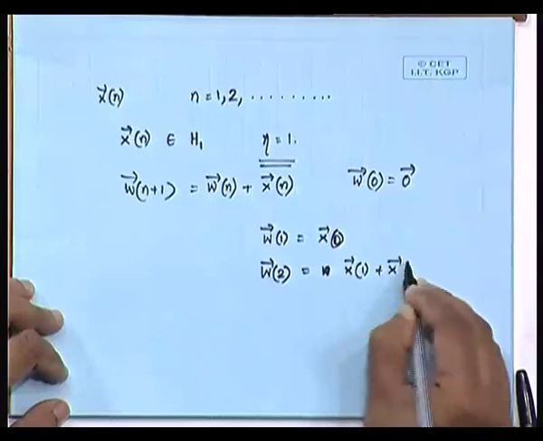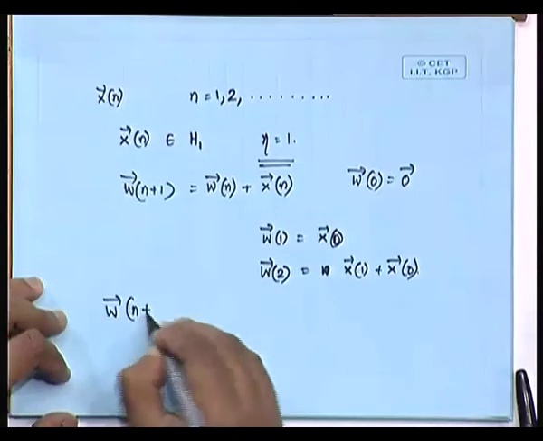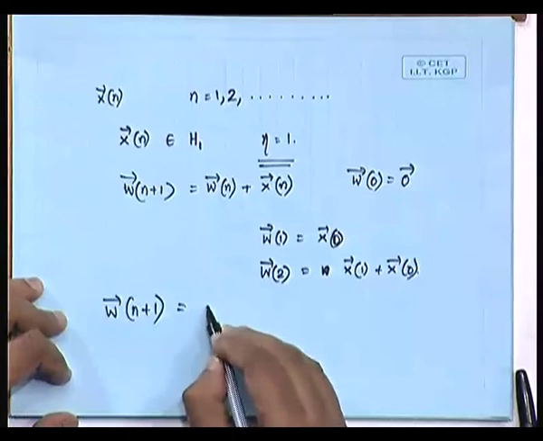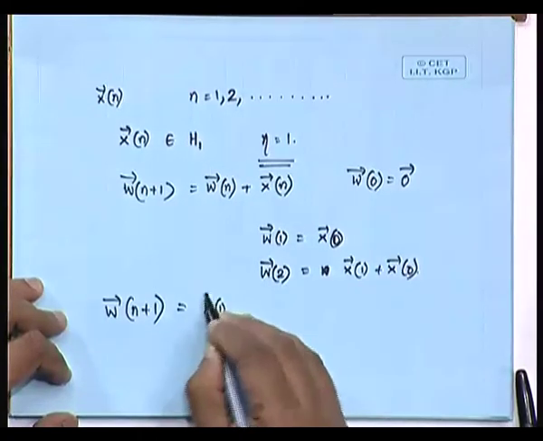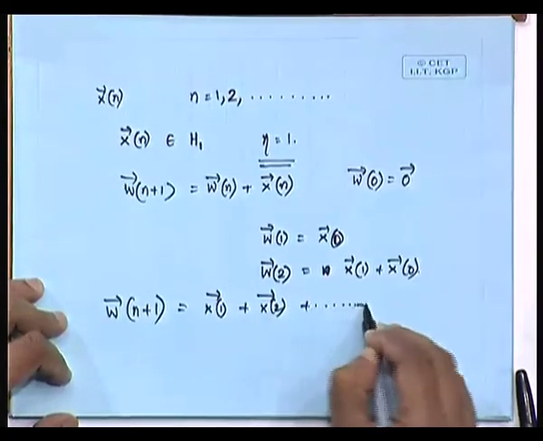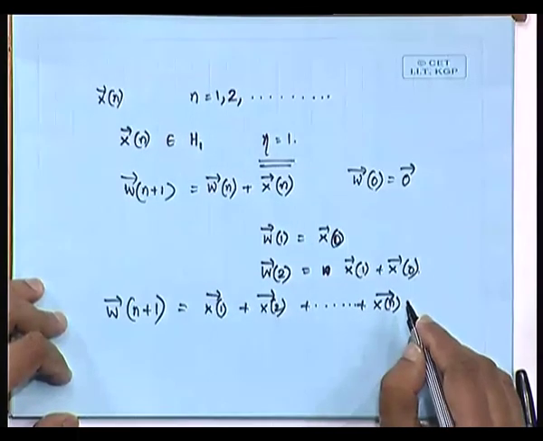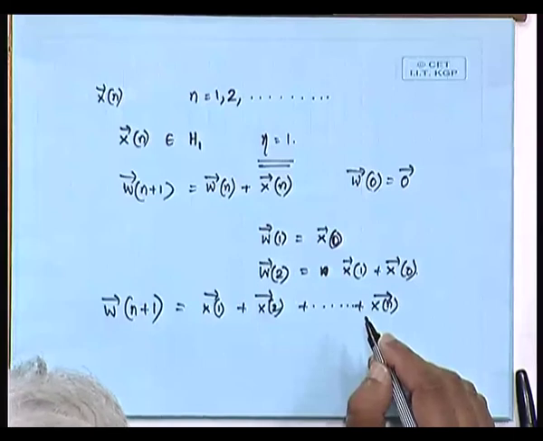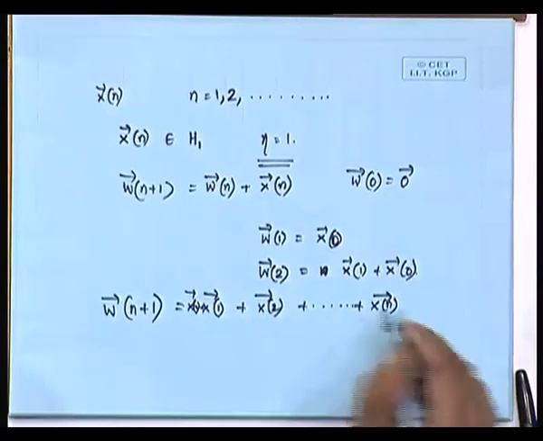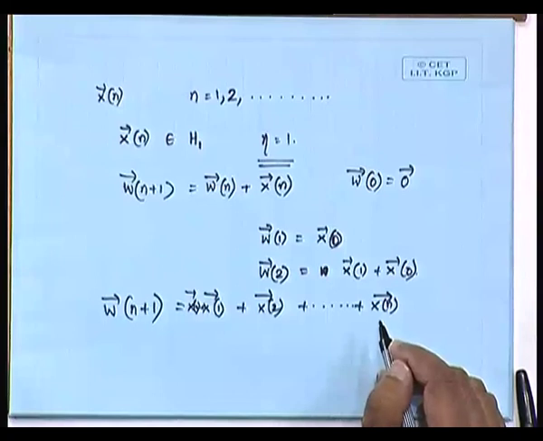So, Wn plus 1 is going to be equal to x1 plus x2 plus so on up to xn, starting from x0. So, this is simply a summation that we are getting for Wn plus 1.